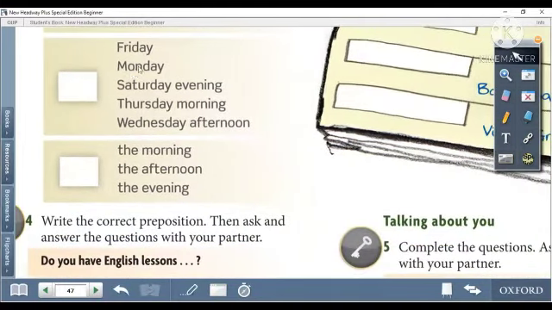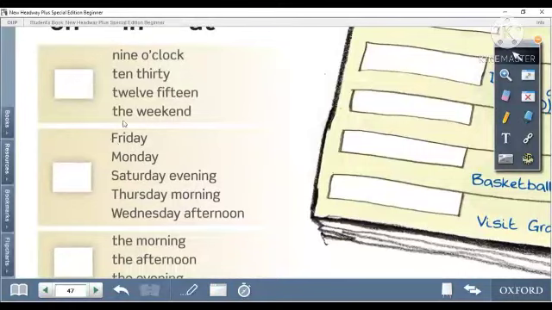Here I have Friday, Monday, Saturday evening, Thursday morning, Wednesday afternoon. What do I have here? The name of a day, and also a day with a period, which is a period of time. What are the periods of time in the day? I have evening, morning, afternoon, night.